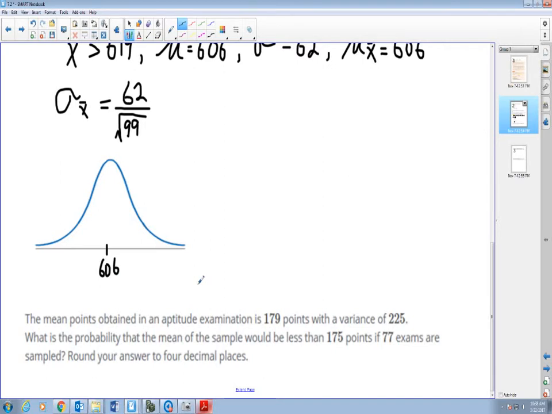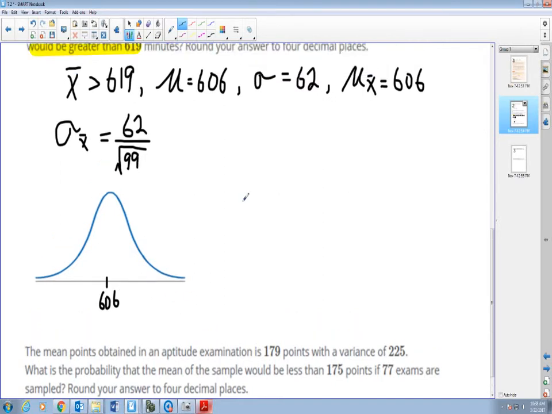The 619 is actually referring to the sampling distribution. So this whole entire x-axis is referring to the sampling distribution X bar. Now I'm going to convert my 619 into a z-score, so that this mean will eventually become 0 on the z-axis.